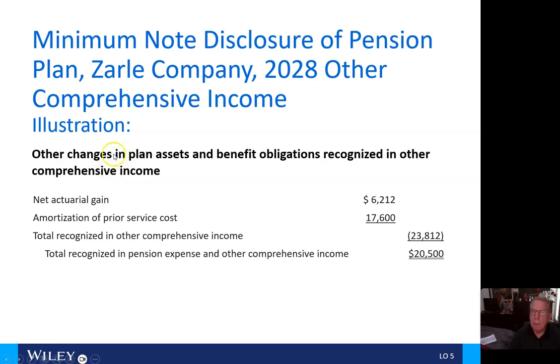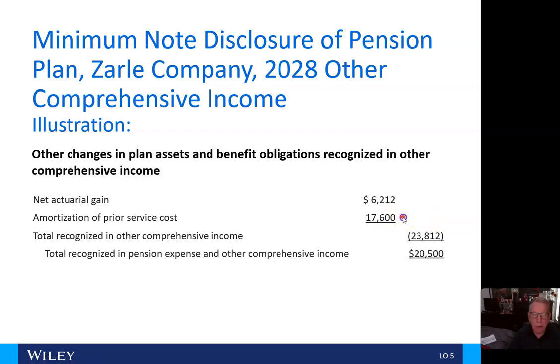Now, other changes in plan assets and benefit obligations recognized in other comprehensive income. Here we have our net actuarial gain, $6,212.